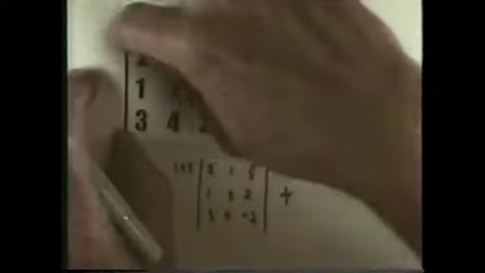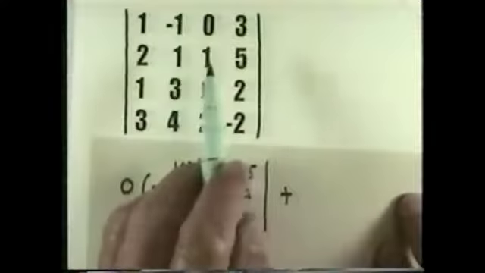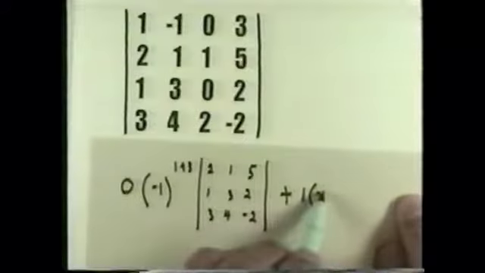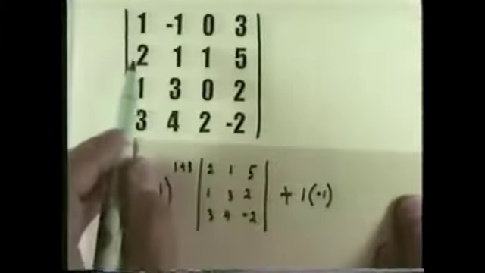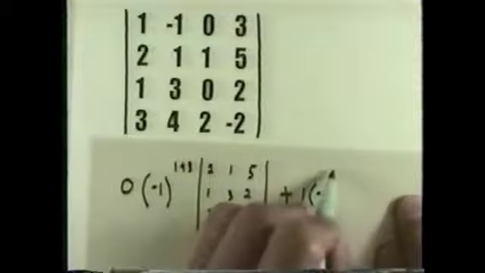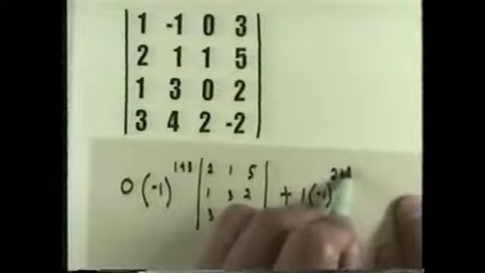Plus now, I go to my second element, which is 1, times (-1). Now that's row 2, column 3, so it'd be 2 plus 3, times the minor.